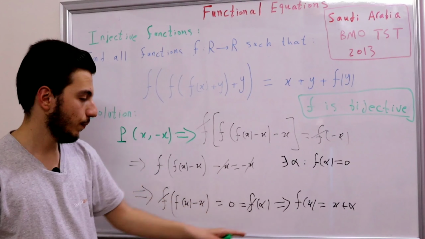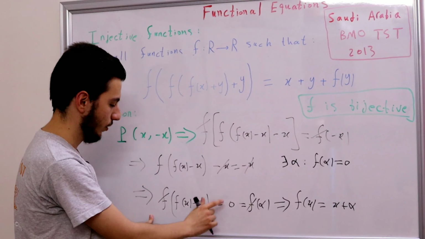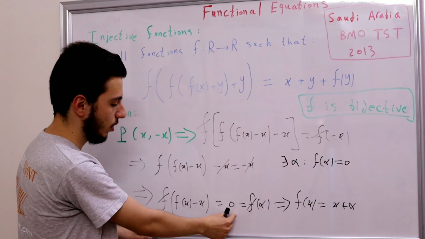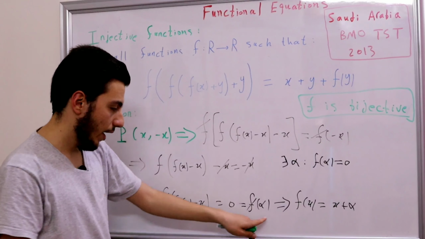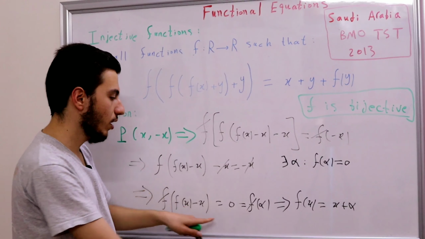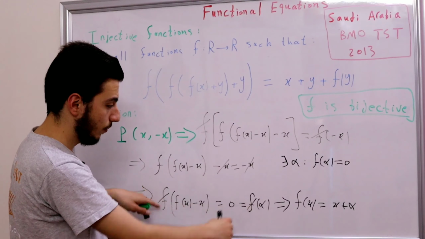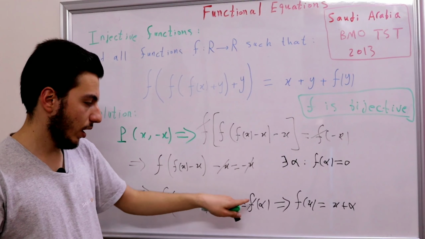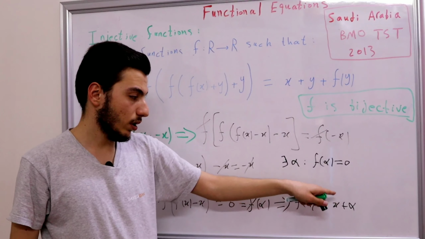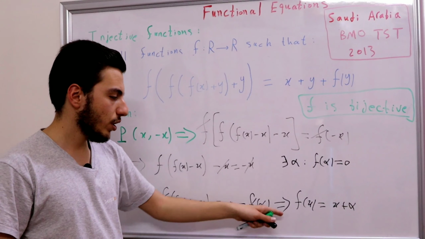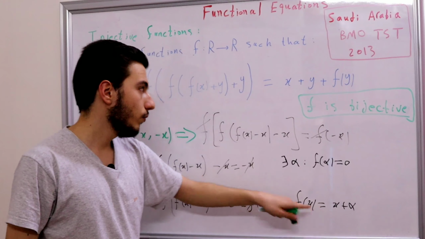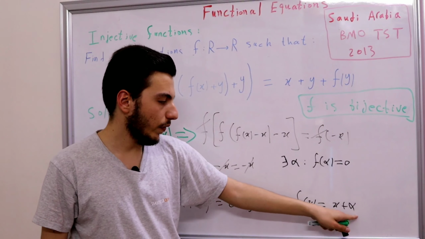See this magic? We had this functional equation, but using surjectivity we have f of alpha, and using injectivity we cancel these f together to get f of x minus x equals alpha, which means that f of x equals x plus alpha. And simply we have our function. We just need to substitute here in order to find the value of alpha.